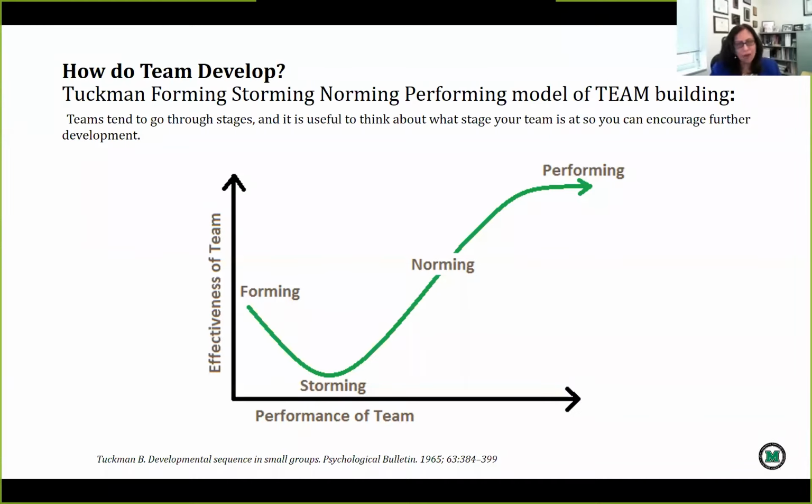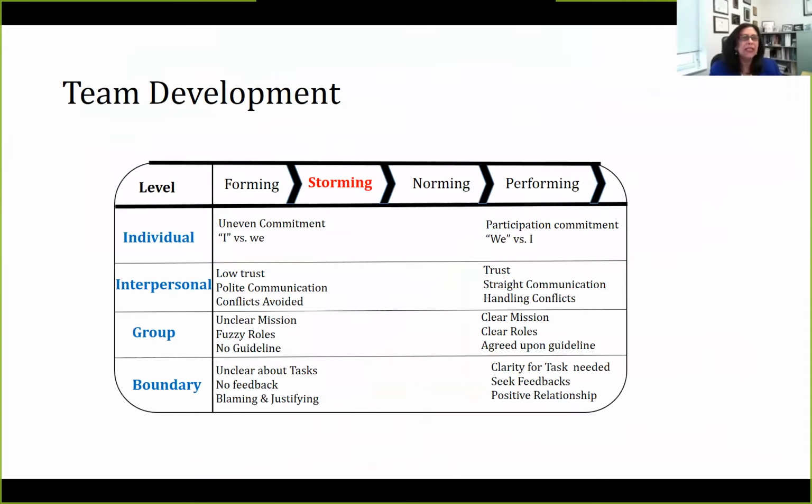If you recall from my last month's presentation, the forming stage is basically where you have uneven commitment. So individually, people are just getting together. If there was an idea or a project, it is still at the individual level. You're still not sure, you think, I'm part of the project or I'm part of the group, and it's still the I, not the we concept.